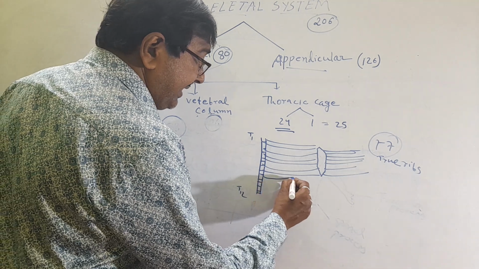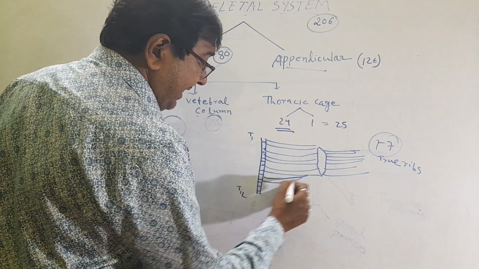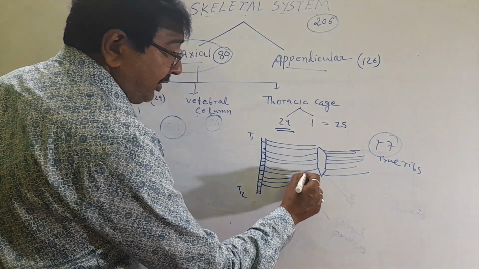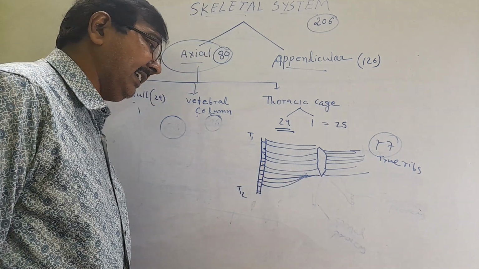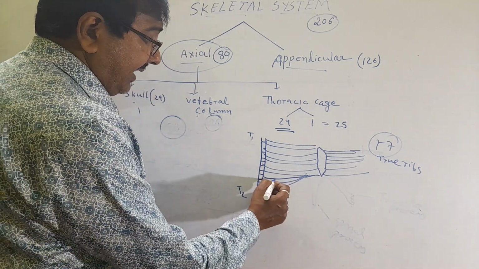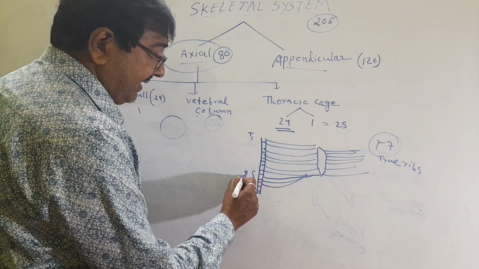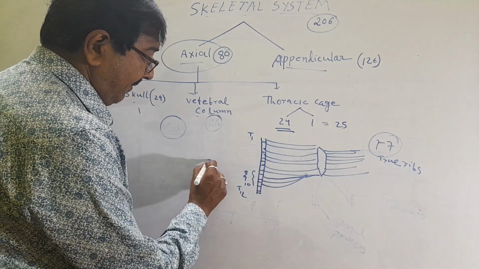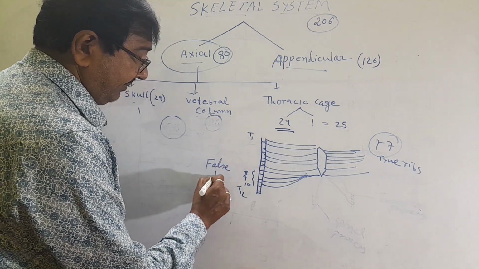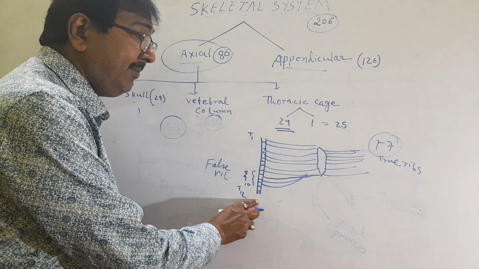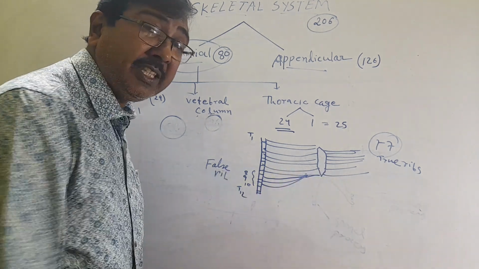But the 8, 9 and 10 pairs are fused with the 7th through hyaline cartilage. These three are called false ribs because they are attached posteriorly to the vertebral column but do not attach directly to the sternum.